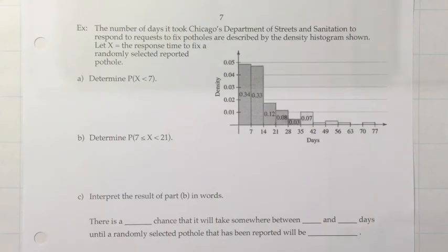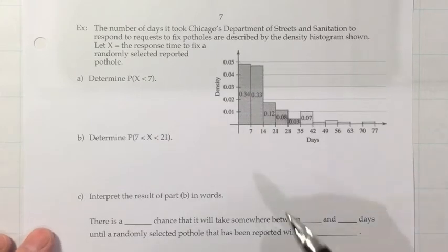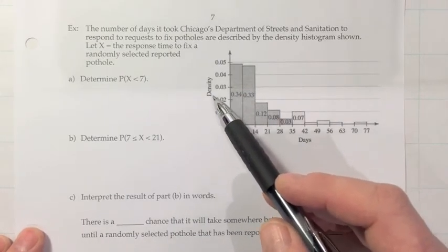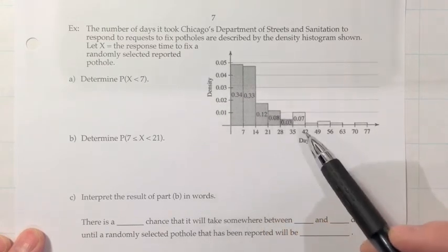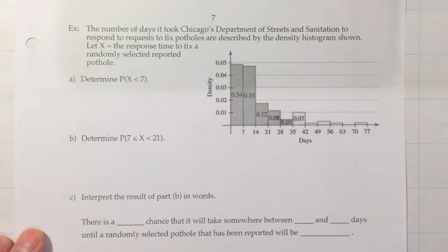All right, so continuing on, here's that random variable example I promised. The number of days it took Chicago's Department of Streets and Sanitation to respond to requests to fix potholes are described by the density histogram shown. Let X equal the response time to fix a randomly selected reported pothole. So one of the things we need to remember about density histograms is that in a density histogram, the area of a bar, which they've labeled for us on most of these, is equal to the relative frequency for that category.